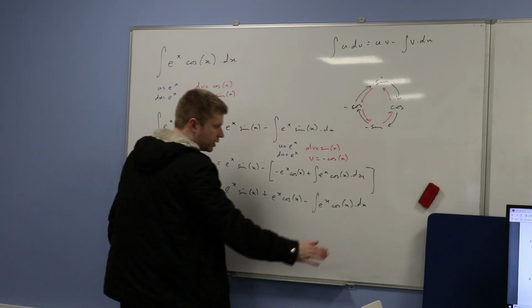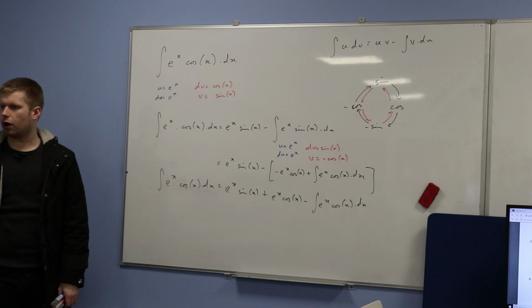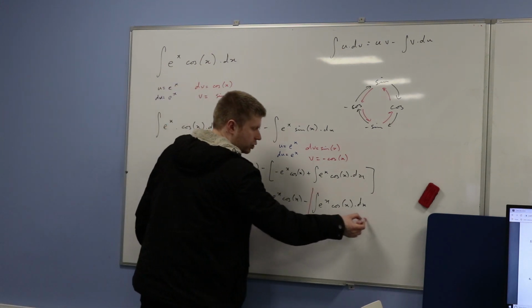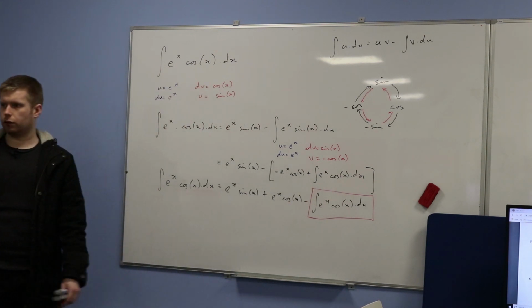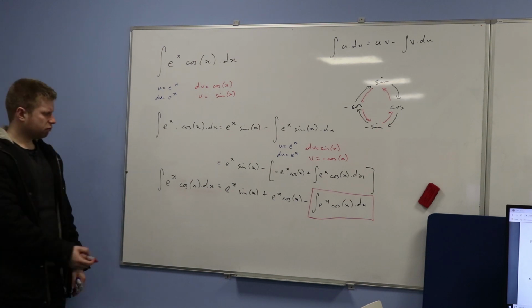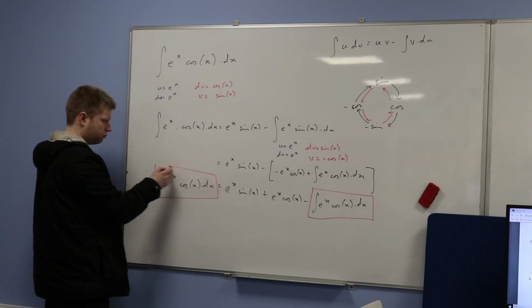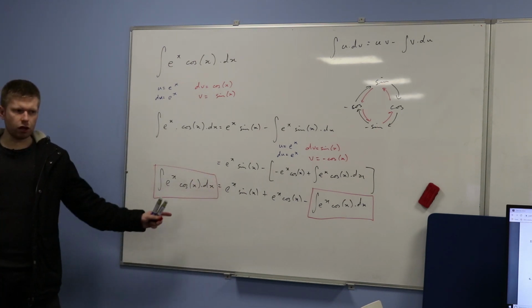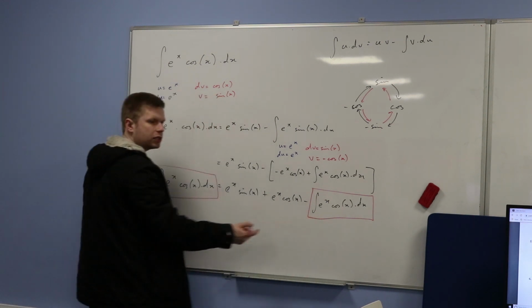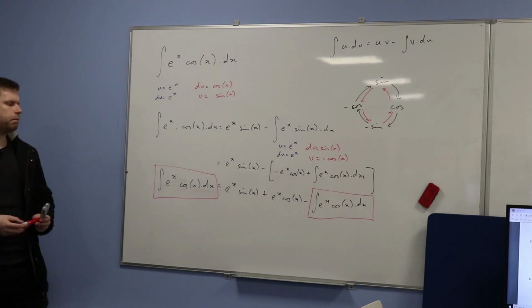Before we try and do this another time, let's have a look at what we've got. We have here the integral of e to the power of x times cosine of x. Happy with that? Okay. Now where do we start? We started with the same thing, didn't we? Yeah? So in other words, these two things are exactly the same.